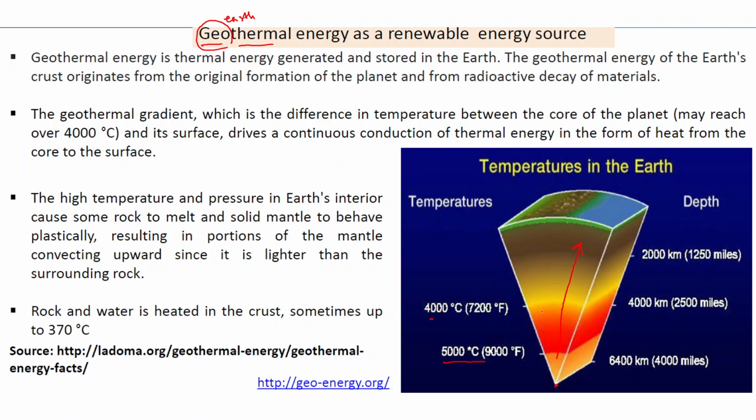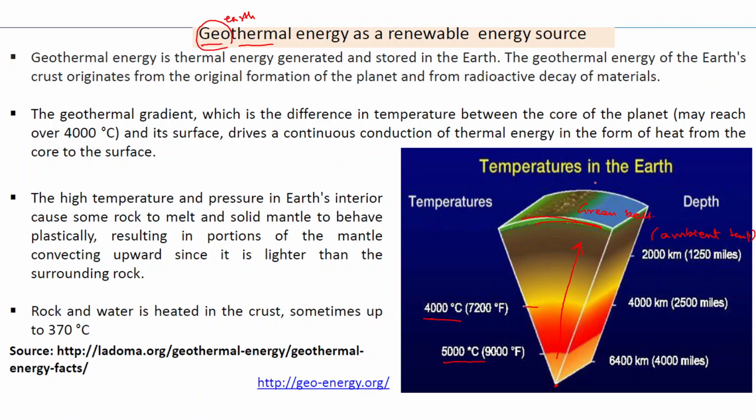So suppose this area is 4000 degrees C, and when we come to the surface, which is the green belt, here the temperature is ambient temperature, around 25 to 30 degrees C. So this high temperature starts to decrease as we move toward the Earth's surface.